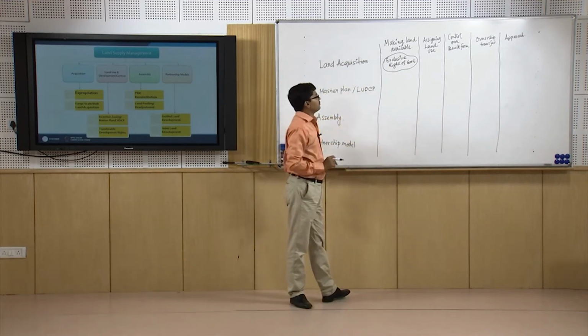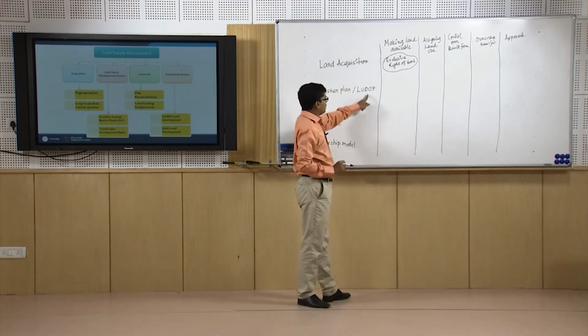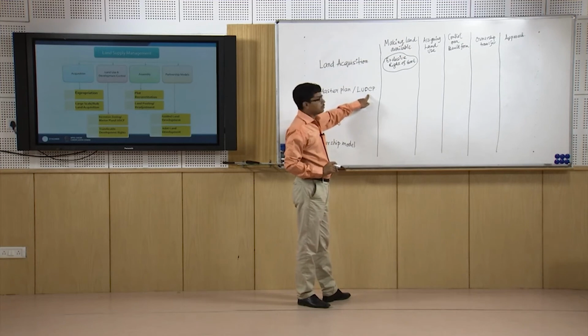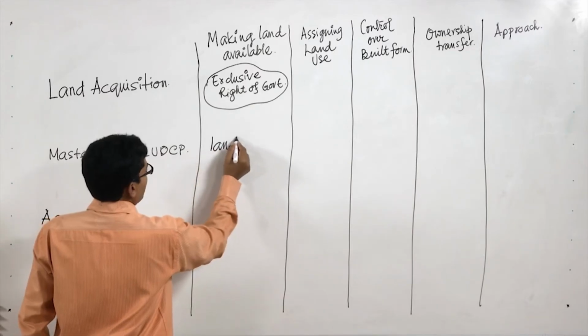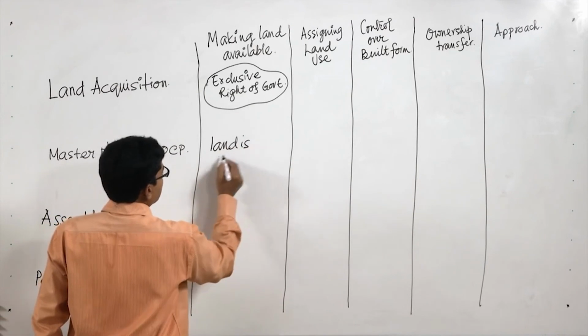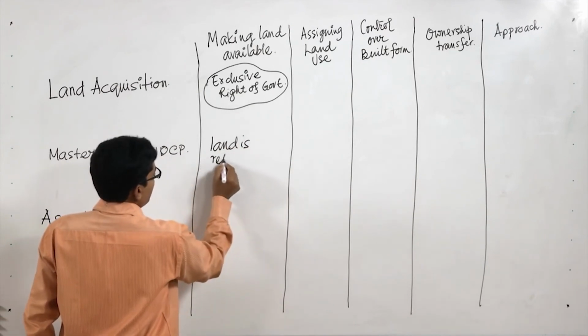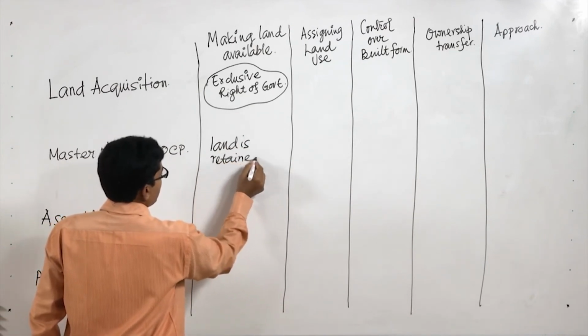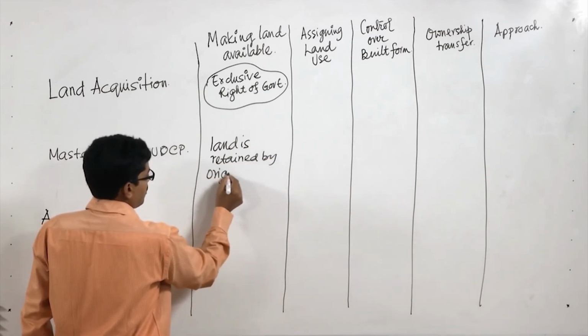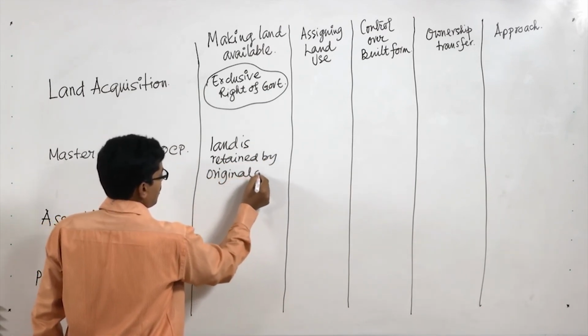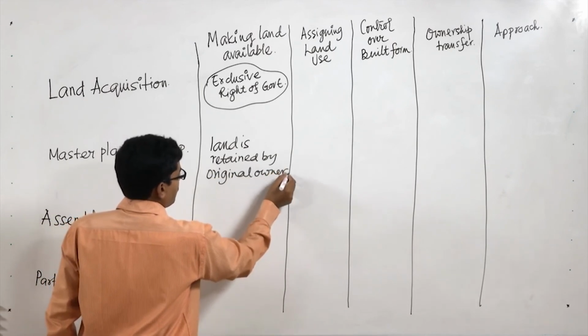They take the land, whereas in master plan and LUDCP they do not own. Here the land is retained by the original owner.